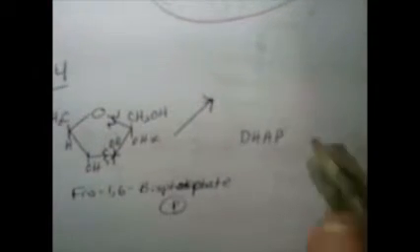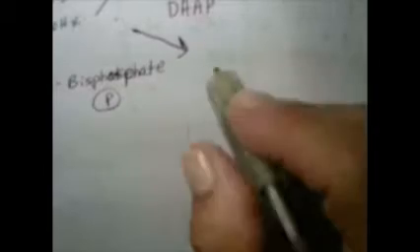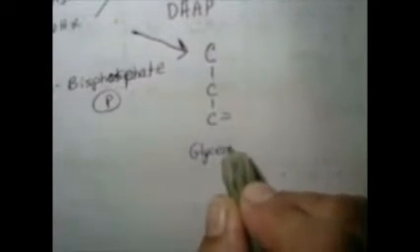Of course, we never abbreviate on the test. And let's see what that looks like. Here's our acetone. Here's our hydroxy. Dihydroxyacetone phosphate, and we know the other compound that fructose 1,6-bisphosphate becomes is glyceraldehyde 3-phosphate, which we know derives from glycerol.